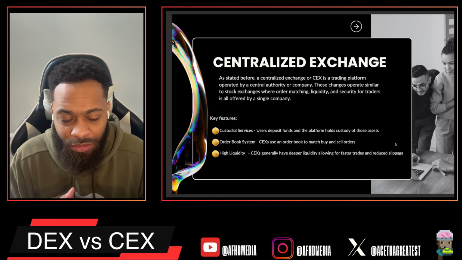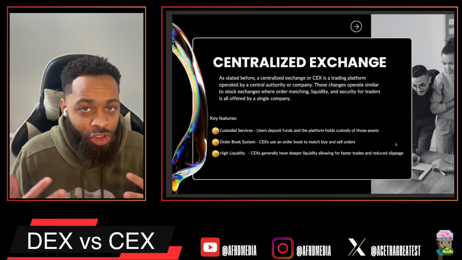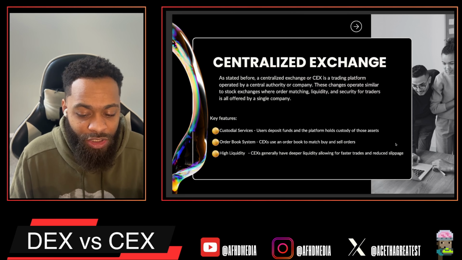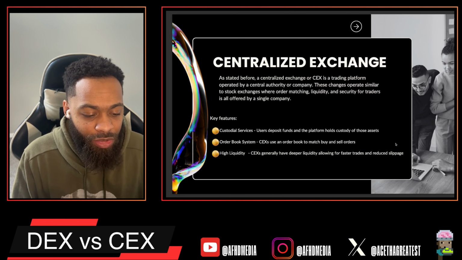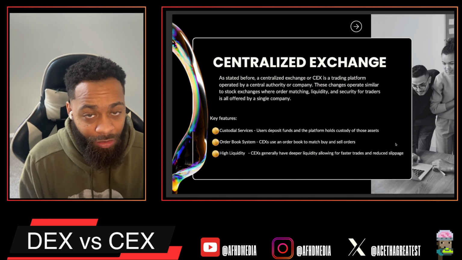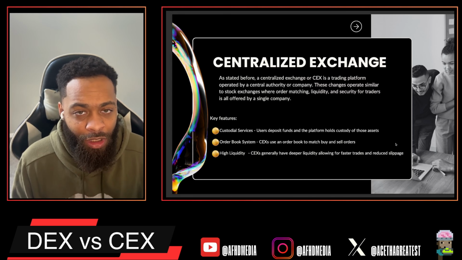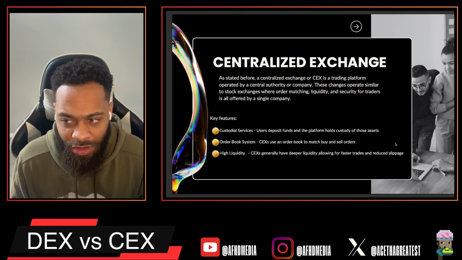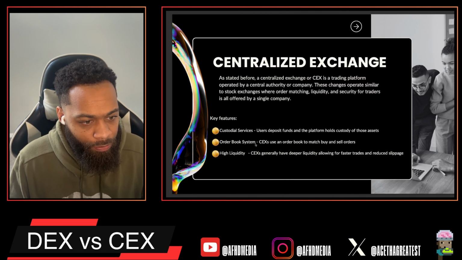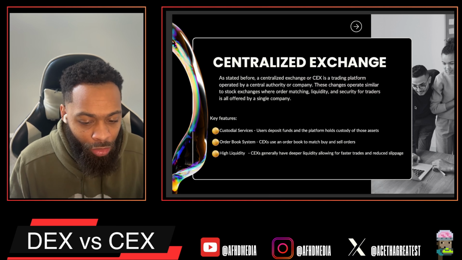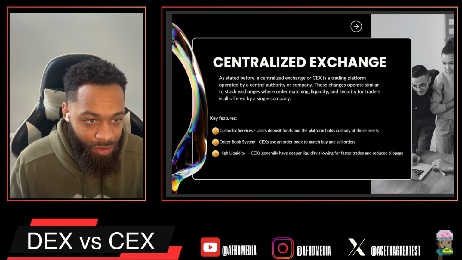So, certain centralized exchanges generally have a deeper liquidity, meaning less slippage and the ability to purchase a token without swinging the market one way or another. Centralized exchanges tend to have that as an advantage versus a decentralized exchange. So, deeper liquidity can indeed be a good thing, especially when you're wanting to buy greater amounts of an asset without swinging the market.